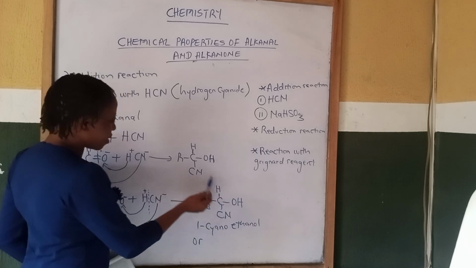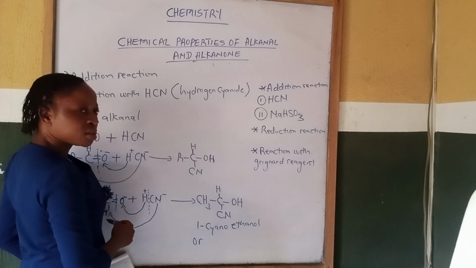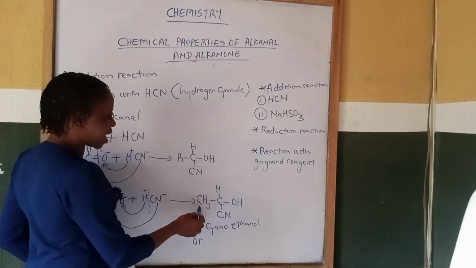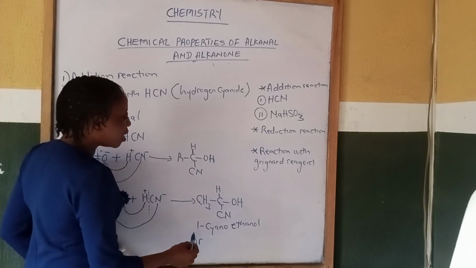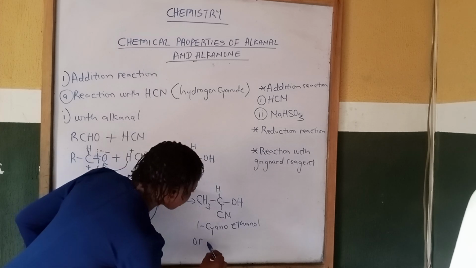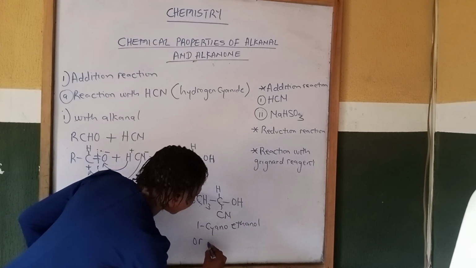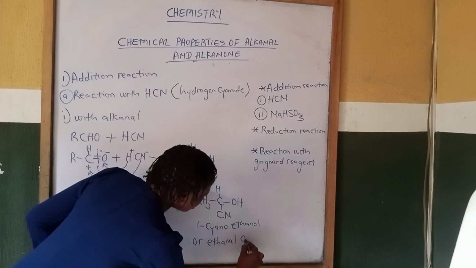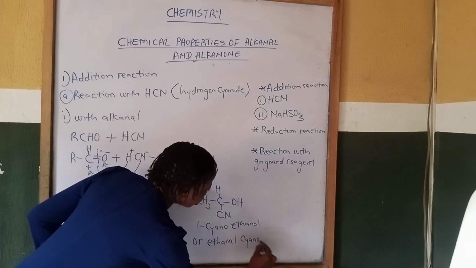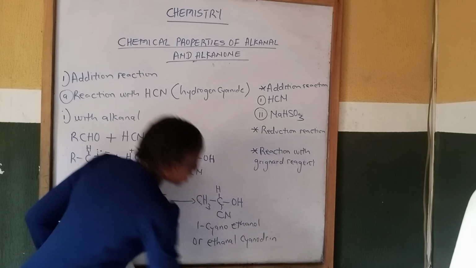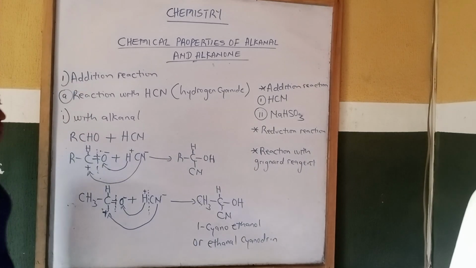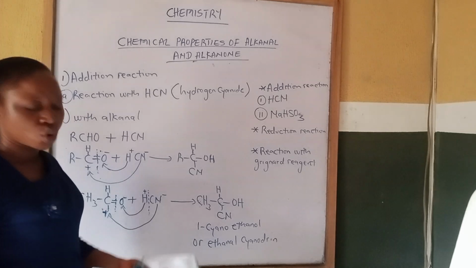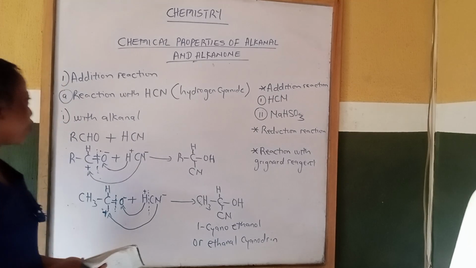This structure is derived from alkanal, the second member of alkanal, so you can call it ethanal cyanohydrin, or you call it one cyano ethanol.